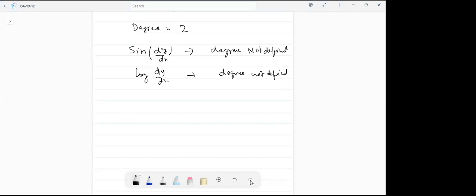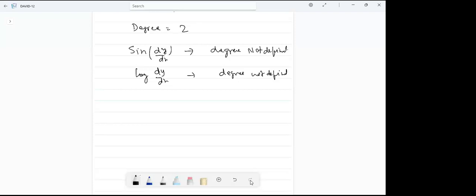But here we have to make sure: suppose we have sine of dy by dx equals y, then dy by dx can be written as sine inverse y, and here the degree will be defined. If the trigonometric function has the differential coefficient as its angle and it cannot be separated from the sine, cosine or tangent function, then the degree will not be defined.